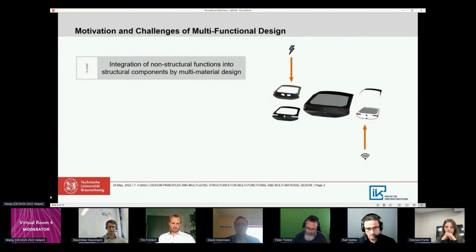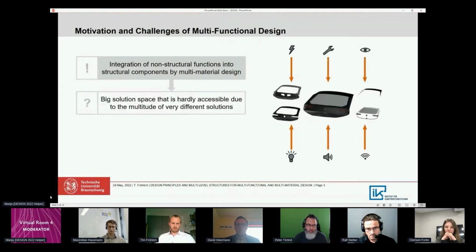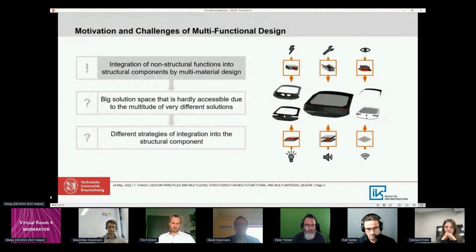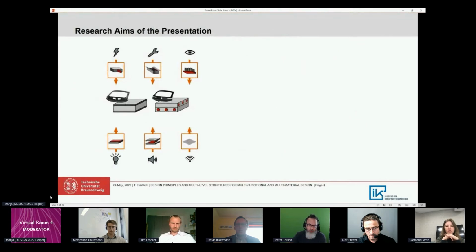However, the solution space is hardly accessible due to the multitude of very different functional solutions and, in addition, different strategies of an integration into structural components. So the overall research aim is to develop a methodical assistance for identifying promising solutions of multifunctional design on the level of the inner material structure of a component.